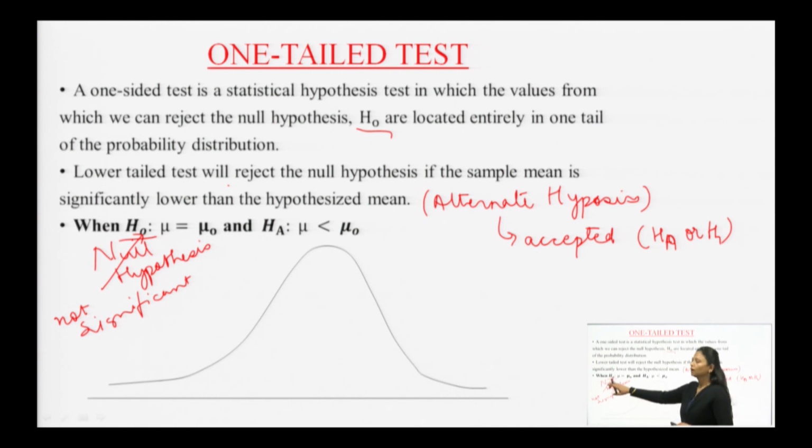So, the null hypothesis is equal to, this is called the mean, because what we are writing here is that the mean is significantly lower than the hypothesized mean.